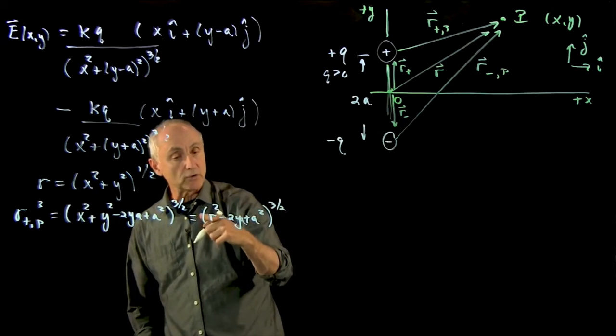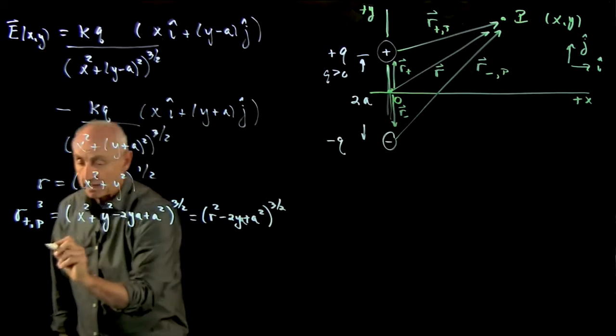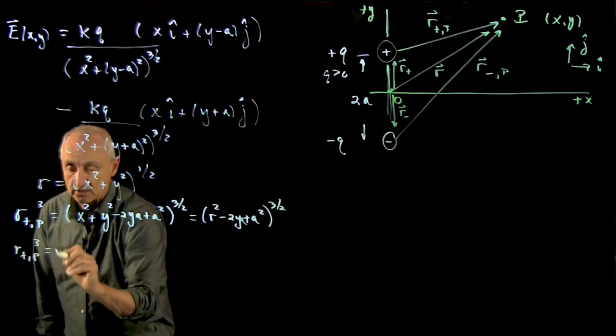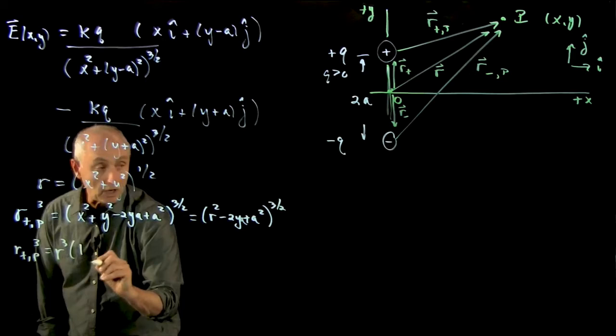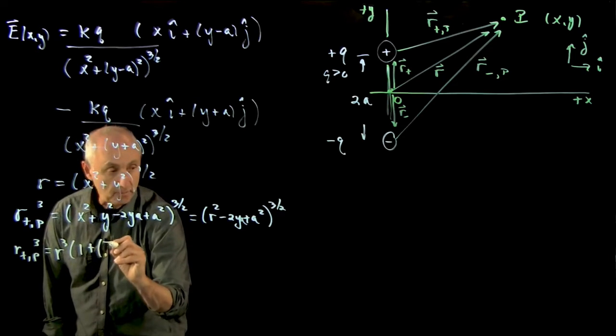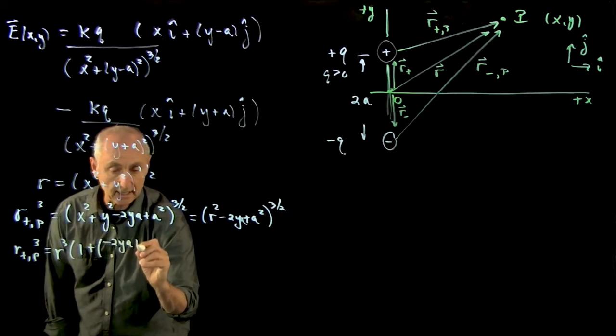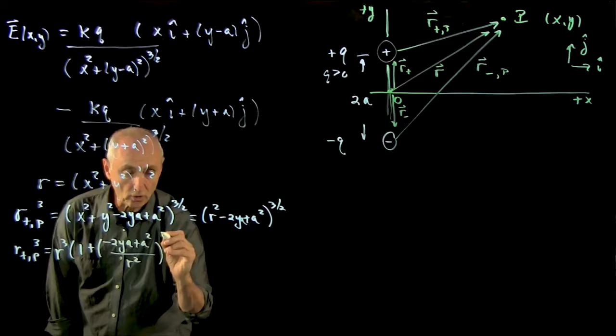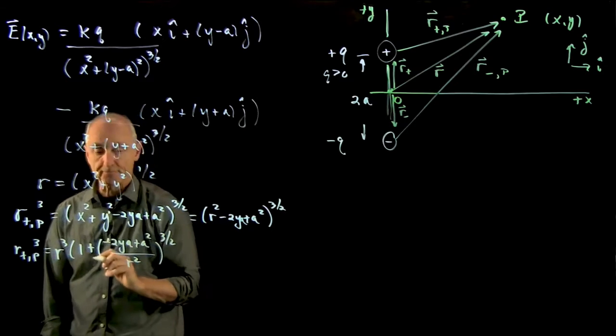So first you take the square root, r, and then cube it. And so we get that r plus p cubed is r cubed times 1 plus, minus the quantity 2ya plus a squared over r squared, all to the 3/2 power.